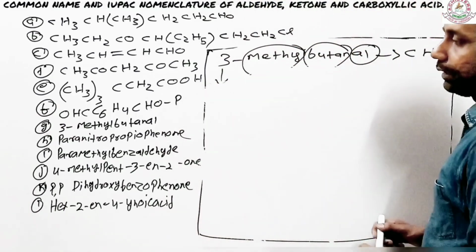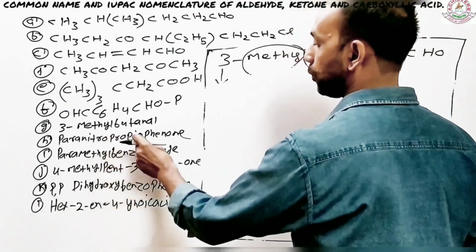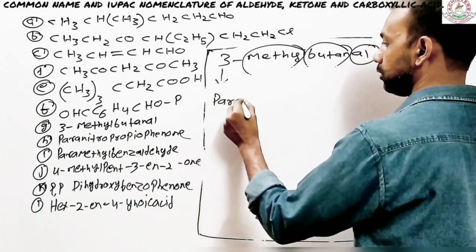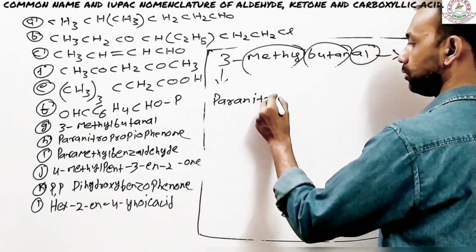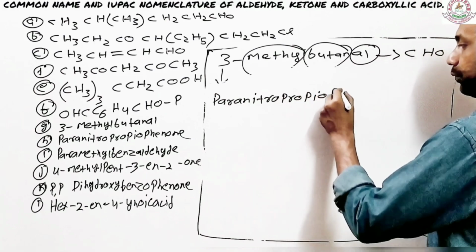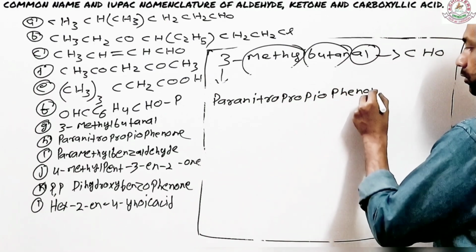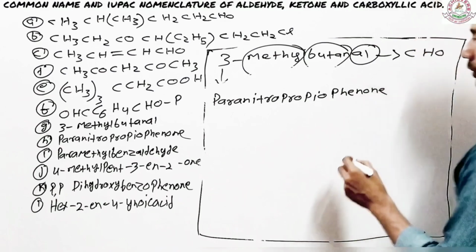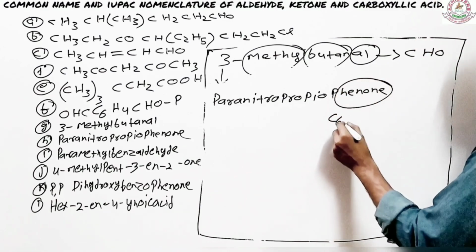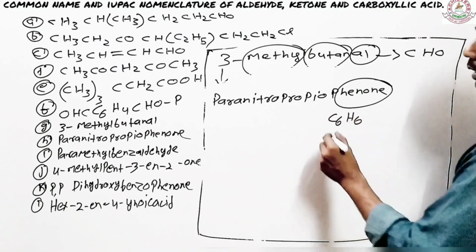The second one we have is para nitro propiophenol, right? This is your para, nitro, propiophenol. Now, the first thing, phenol represents benzene.